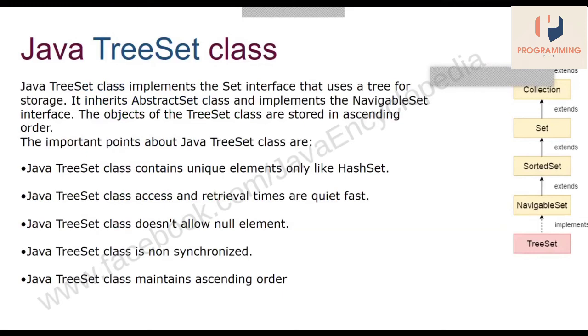That's why whenever you are inserting the data, it will sort and keep it. So whenever you print the data, it will give you ascending order. In order to go for a descending order, we will go to an iterator.